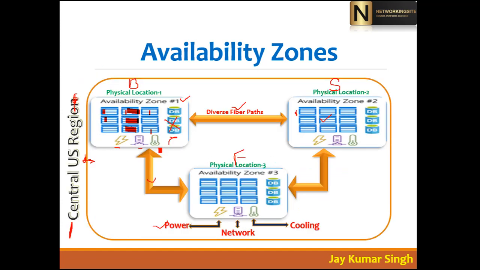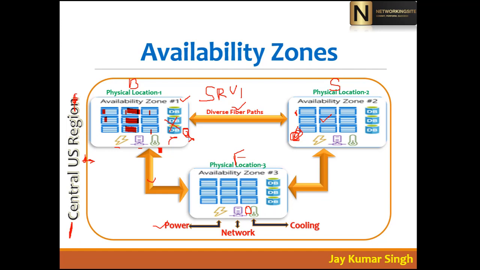Whenever you create, say, one server srv1 and select an availability zone, it will come to this zone. If I select zone 2, it will come here. If I select zone 3, it will come here. So if zone 1 is down, my clients will be able to access my server from here. For example, WhatsApp wants to buy some location from Azure.